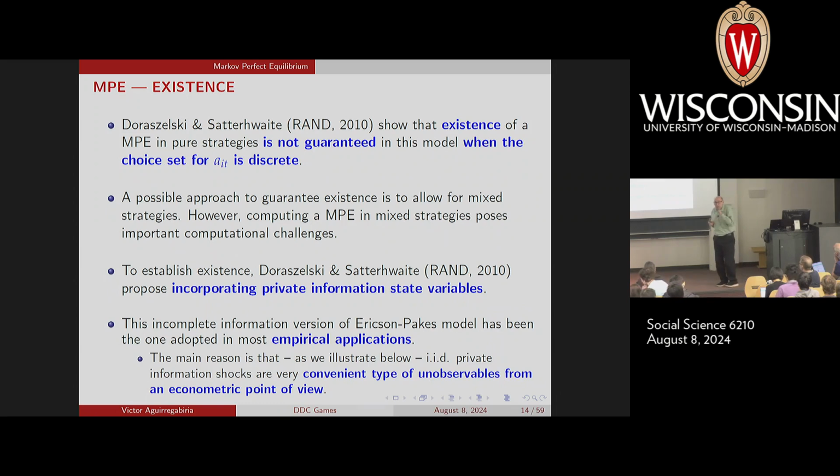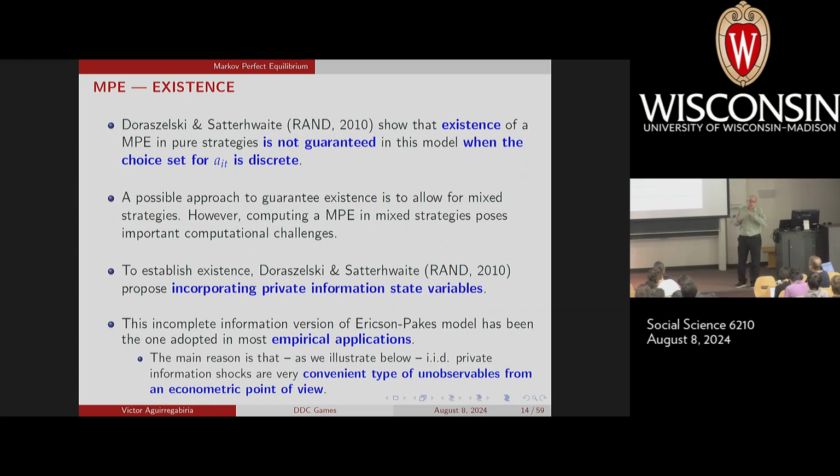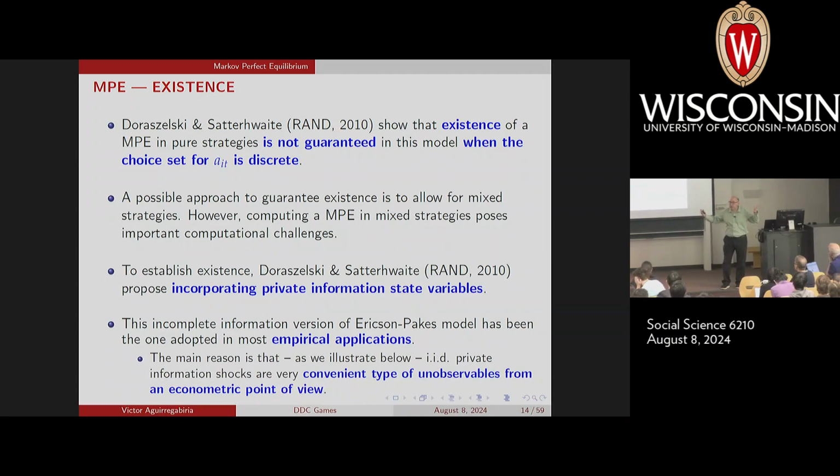And in addition, it's going to give us a very convenient type of econometric error, okay, econometric unobservable, because it can rationalize why individuals make different choices when the observable state variables are the same, without generating endogeneity, okay? Without generating endogeneity in the sense that the actions of your competitors depend on their epsilons, but their epsilons are not correlated with your epsilon.